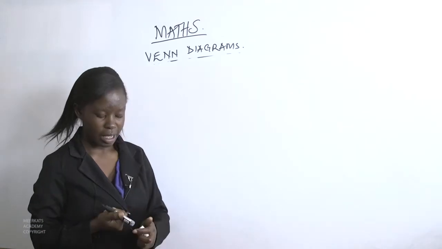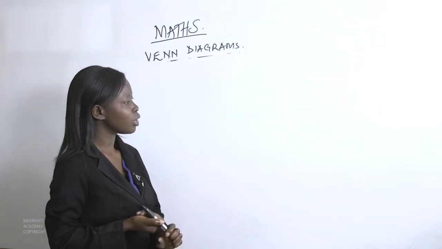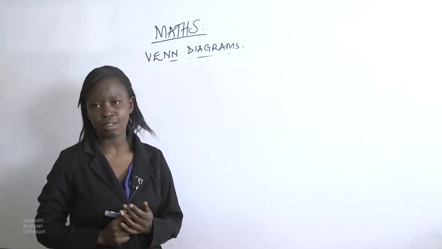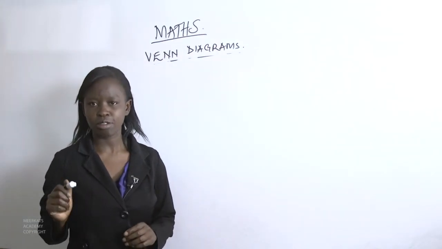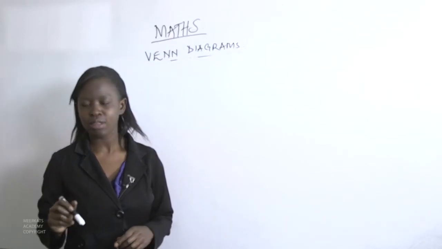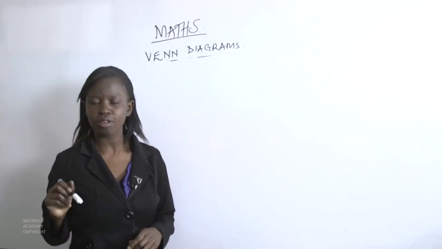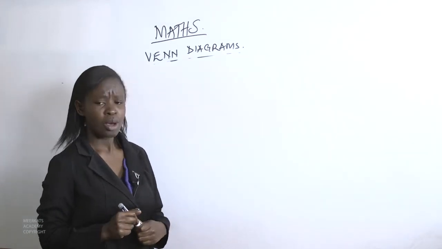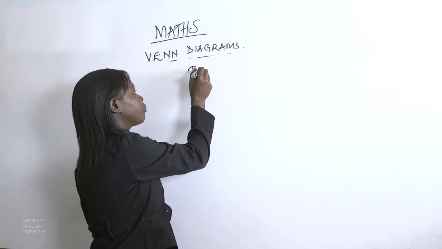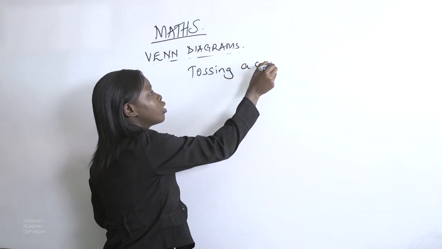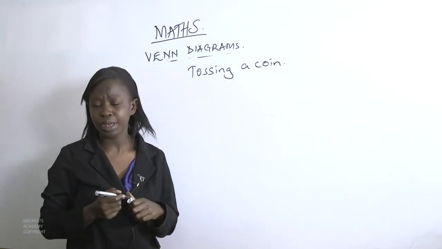So a question comes in and we ask ourselves, we've talked about those events that are mutually exclusive, in that when one event occurs, it hinders the occurrence of the other event. For an example could be when we are tossing a coin.